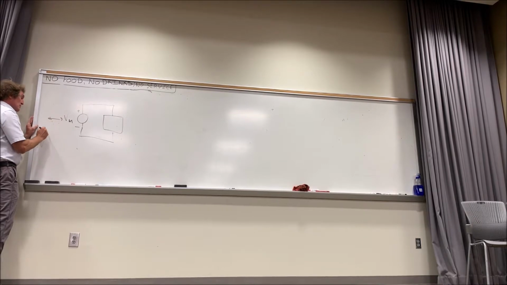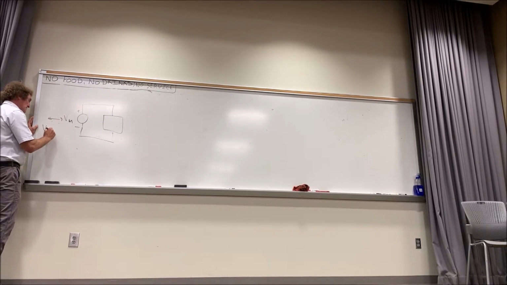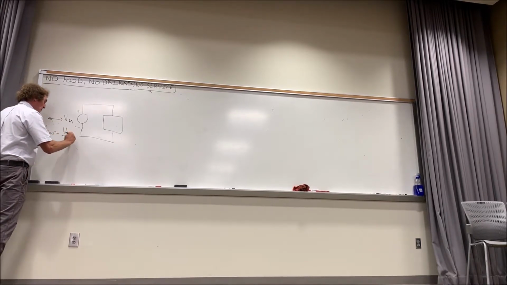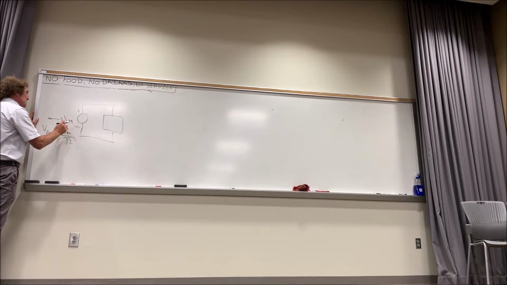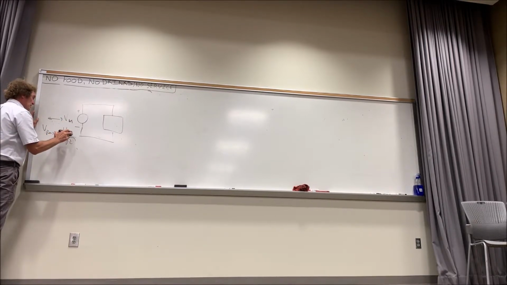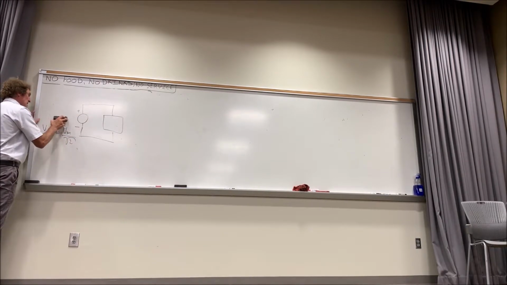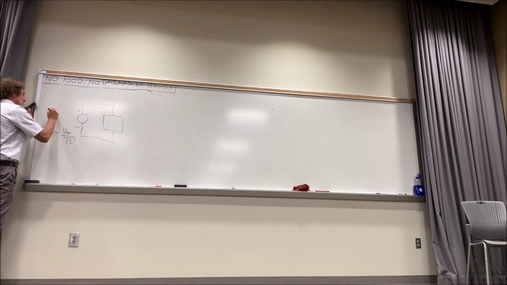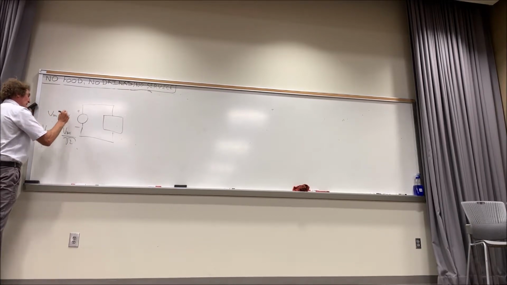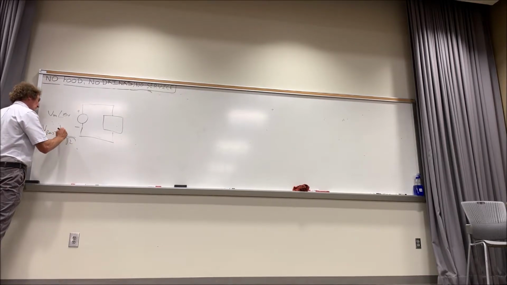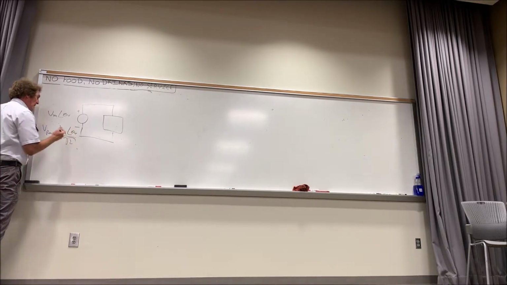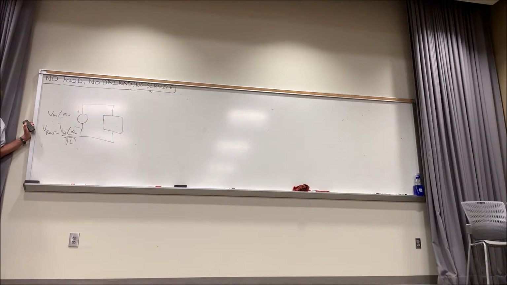That's equivalent to V RMS being equal to V magnitude over the square root of 2. Everybody got that? Now let me go a step further. Let me say this is V magnitude at some angle theta V. And so V RMS is V magnitude at some angle theta V divided by square root of 2. Can everybody follow me in this class?